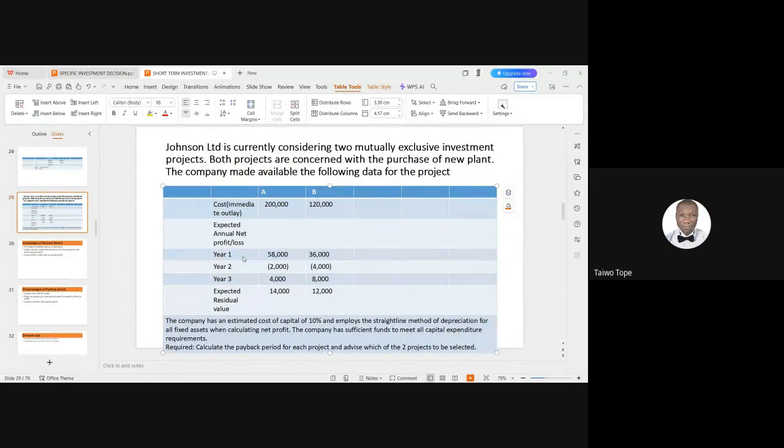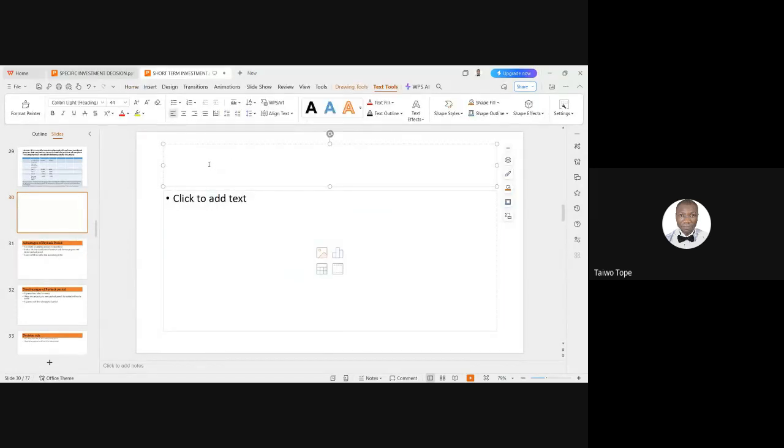So for you to get your depreciation, it is initial outlay less scrap value divided by number of years. The question made it clear that it is the straight line method, which means if I'm using 2,000 for year one, year two will be 2,000. So without much waste of time, let's quickly solve. Solution: we are expected to calculate payback period.